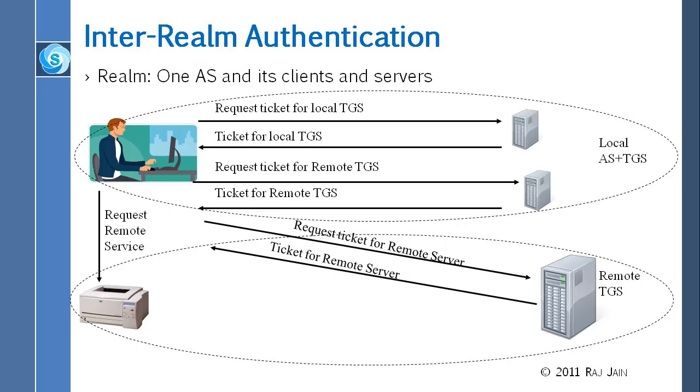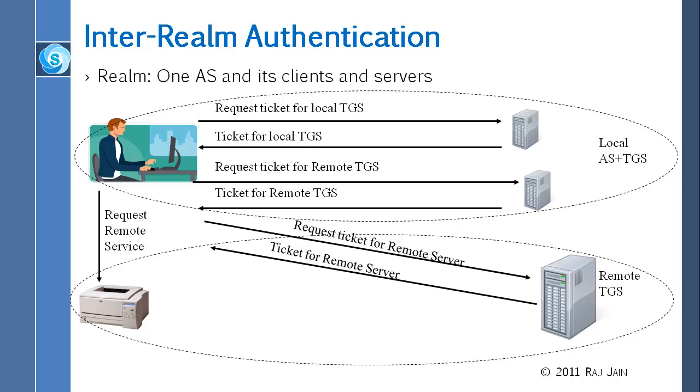Well, basically, our authentication server will set up a password with their authentication server. So these two will know each other. And once they do, then we are all authenticated. How? You say, I want a ticket for the local TGS. And you go to the local TGS and say, I want a ticket for the remote TGS.